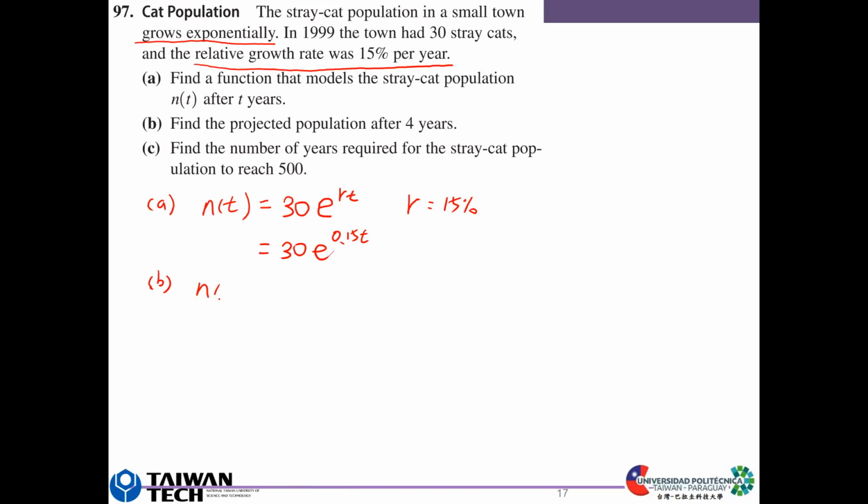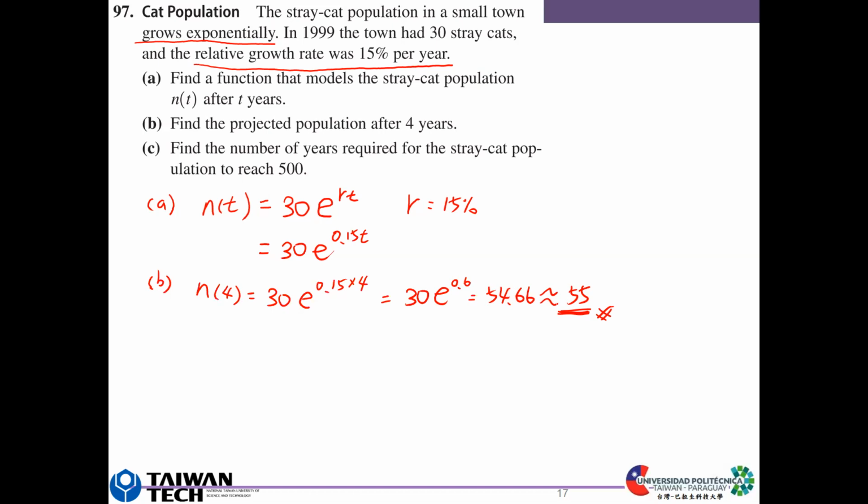So we have N(4) equals 30 e to the power of 0.15 times 4, and yes, in this case you need a calculator, which is 30 times e to the power of 0.6, which is 54.66, approximately 55, because the number of cats must be an integer. So if you find 54.66, then we just make it 55.